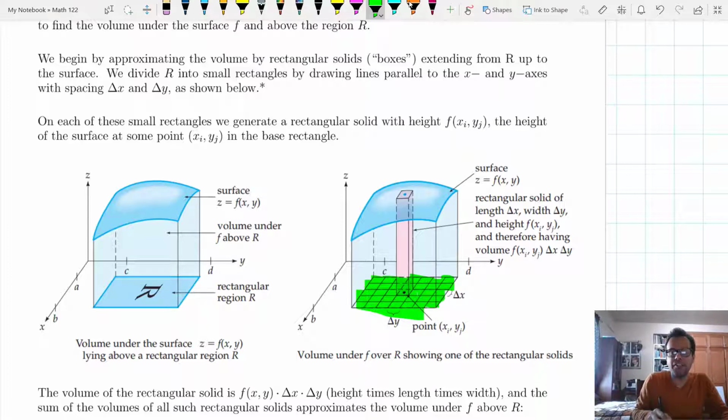By partitioning into smaller rectangles and then finding the height, we are going to get not the area of a rectangle, but rather the volume of this rectangular solid that I'm highlighting.